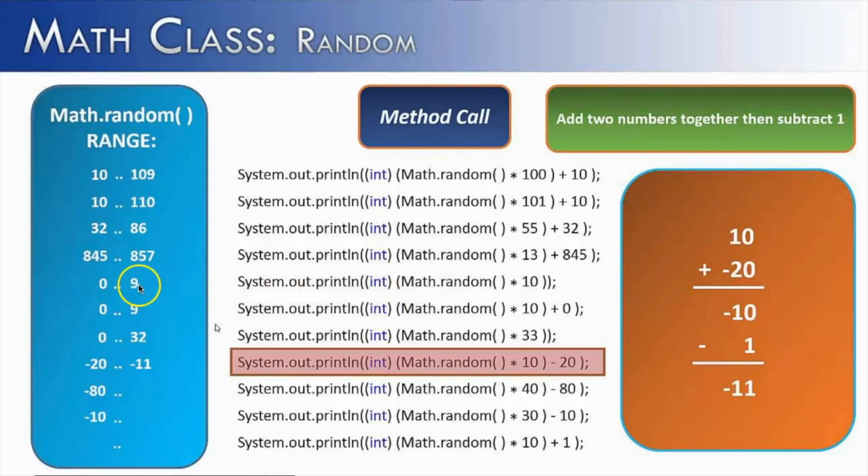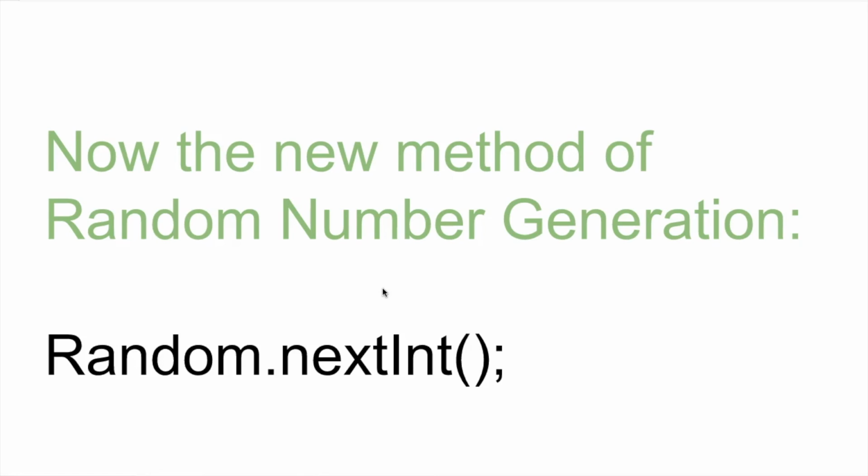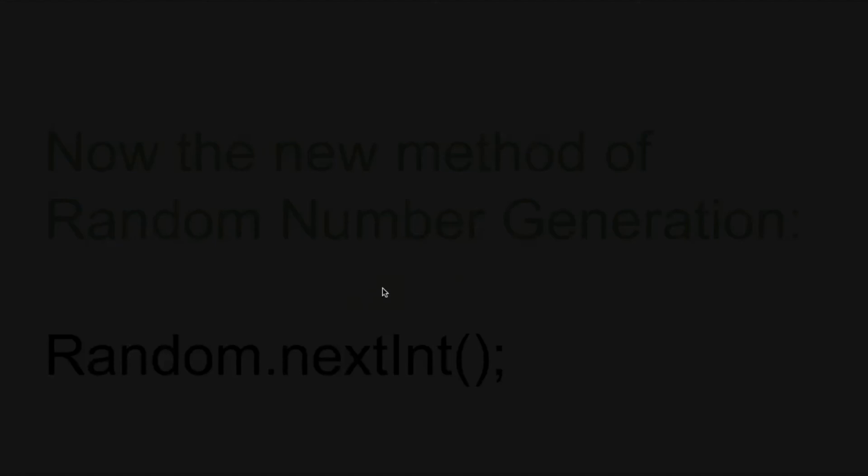And that would approximately give you the value of 0 to 9. Of course, 0 would appear much less frequently than the other numbers because int rounds down. So therefore, don't worry about that. We don't use math.random as much now, and we use random.nextInt, which is the new method.